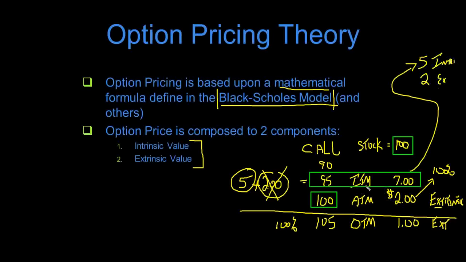As we move further and further out of the money, what happens to the price of the option contract? It gets cheaper and cheaper and cheaper. Yet as we move deeper and deeper into the money, the option price gets more expensive.